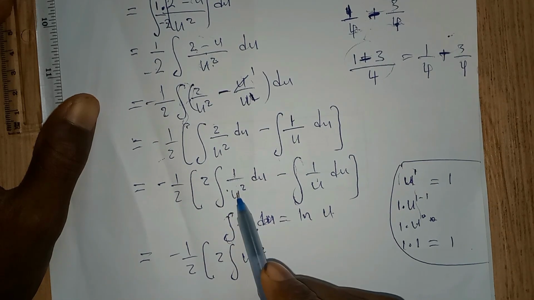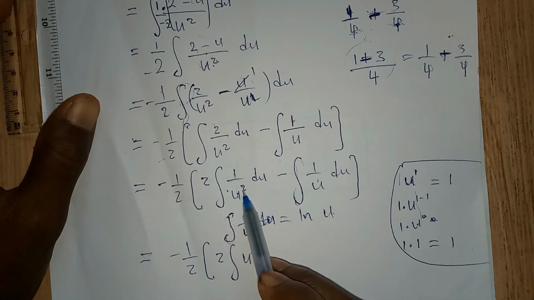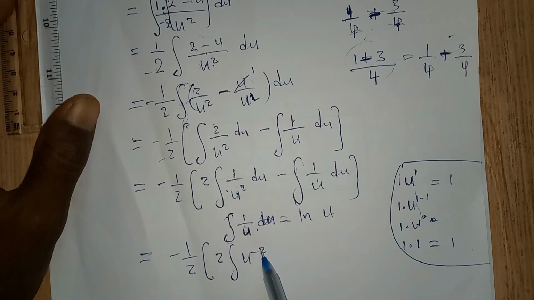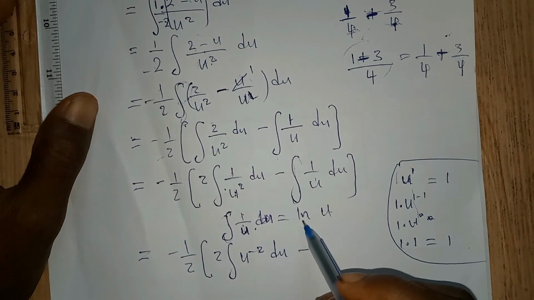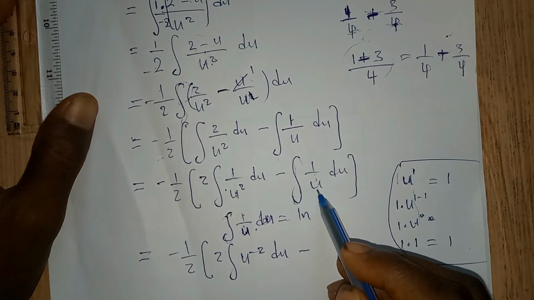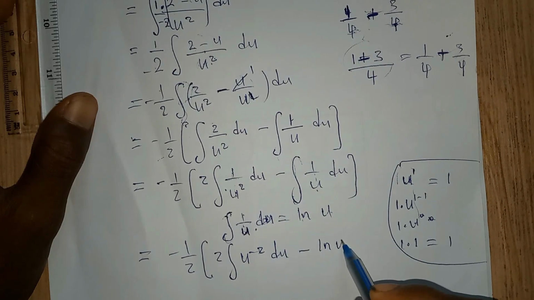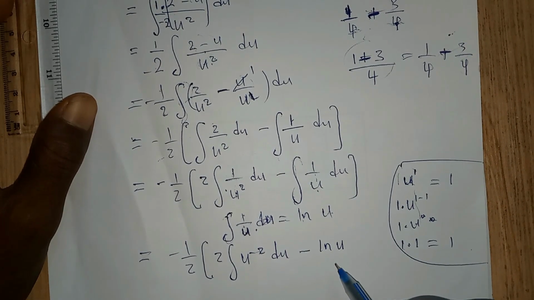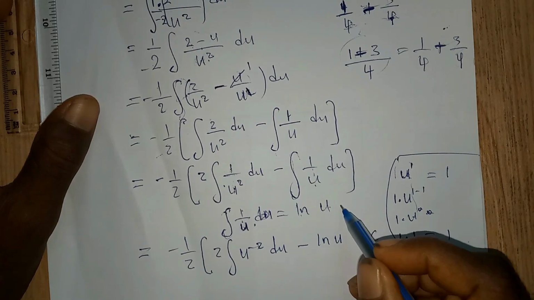The inverse of anything raised to a power is the same thing as that thing raised to the negative of that power. So you have this du minus, now the integral of 1 over u, we just established is ln u, plus c.